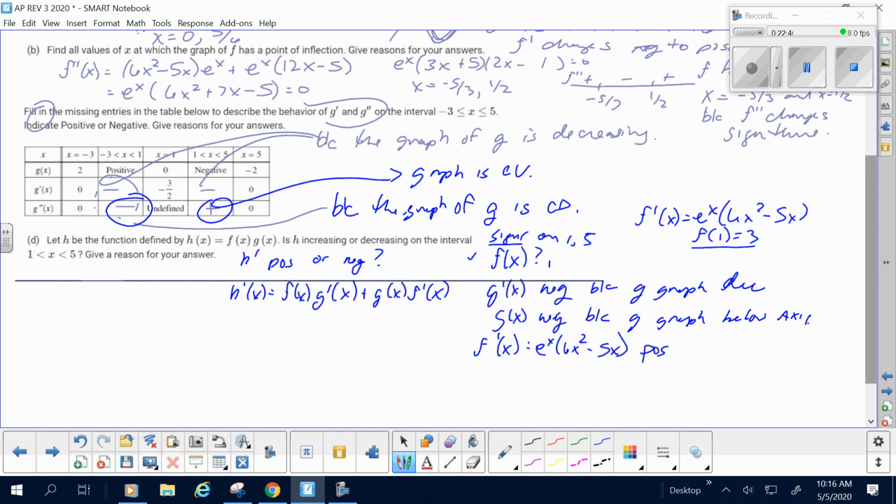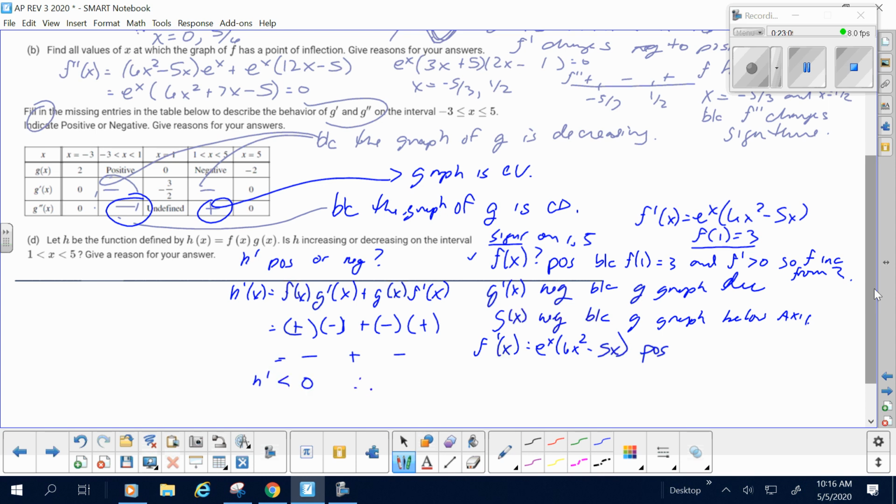So this is positive because f at 1 is 3, and f prime is positive, so f is increasing from 3. Back to h then. I have positive times a negative plus a negative times a positive. That's a negative plus a negative. And so h prime is less than 0. From that I conclude h is decreasing. That was the humdinger of the bunch.